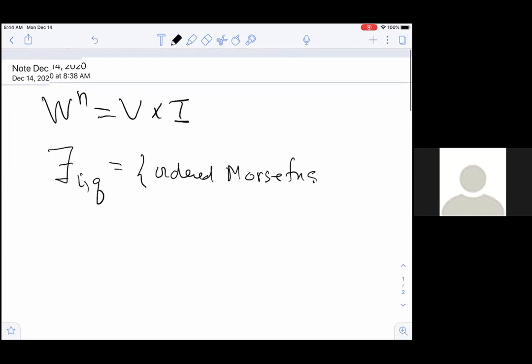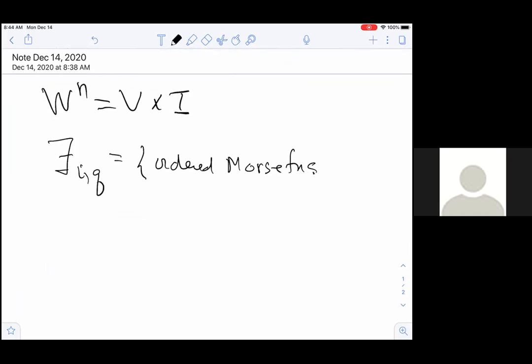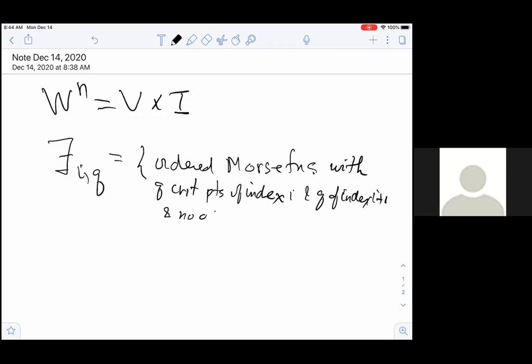These are ordered Morse functions with exactly Q critical points of index I and Q of index I plus 1 and no others.